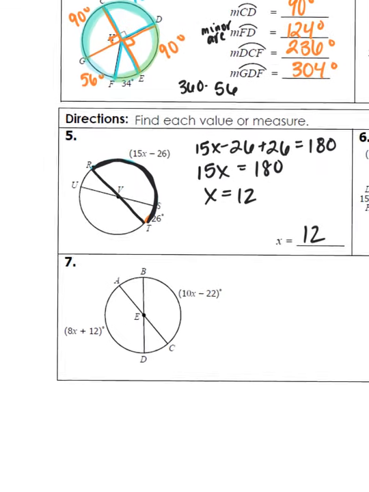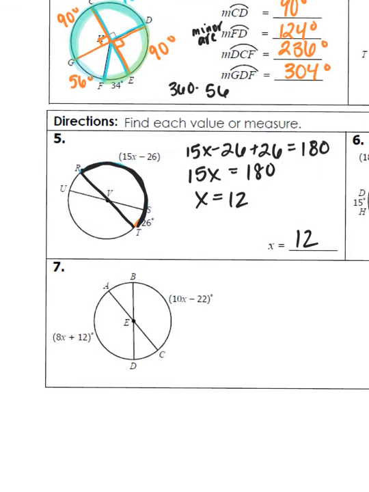All right, next problem. I have this arc labeled, arc AD, and I have arc BC, okay? So I don't know anything about arc AB or about arc DC, all right? And these two arcs don't create a semicircle. However, if you look at their central angles, so I'm just going to kind of trace over their central angles here.